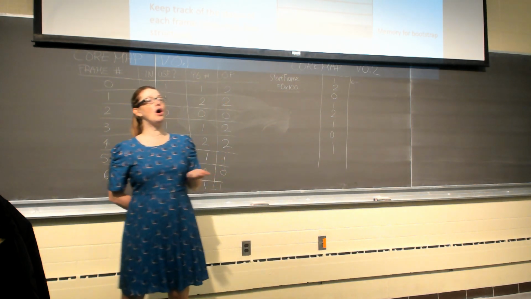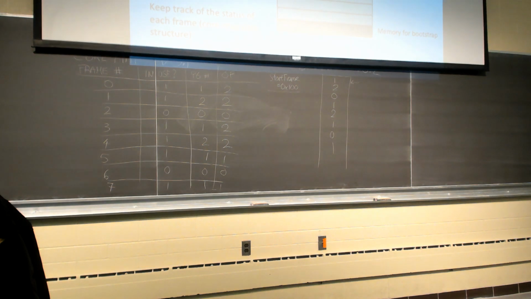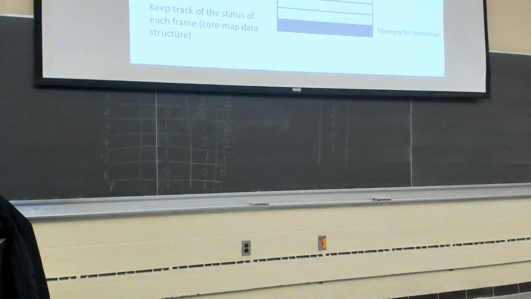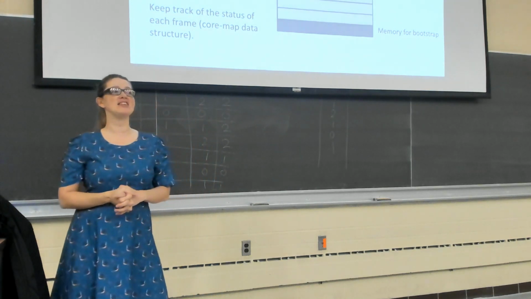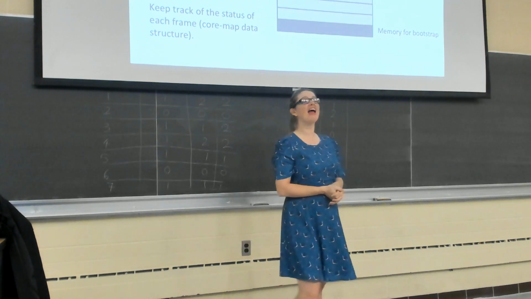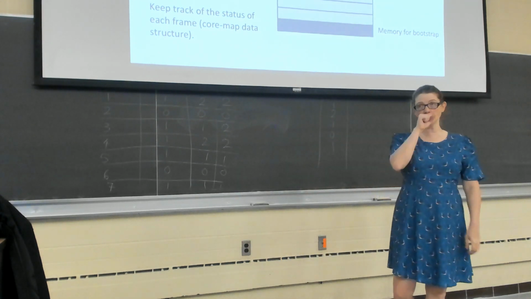Now, how do you know how much memory you have available to you? There is a function called RAM get size. It is going to return to you the low address and the high address of the available memory to you after bootstrap.